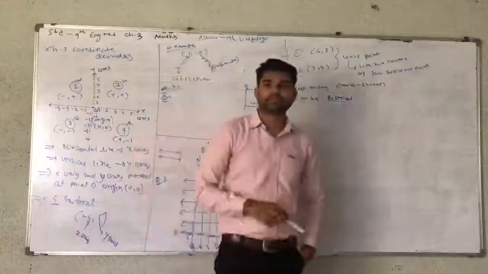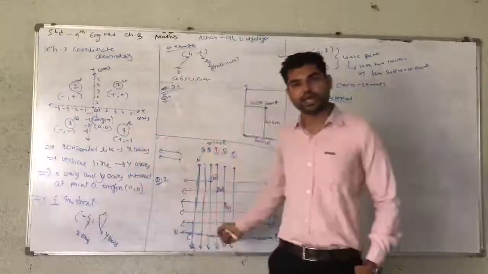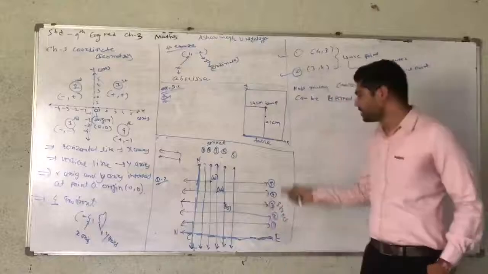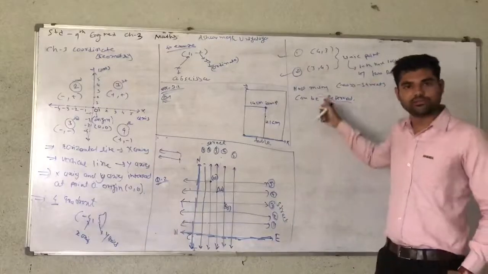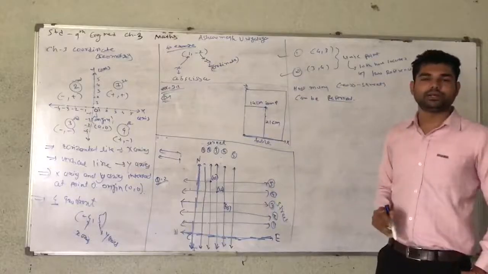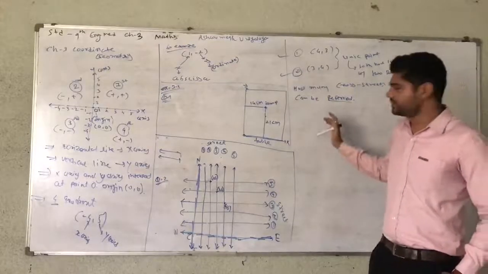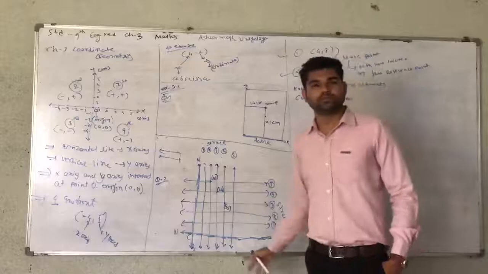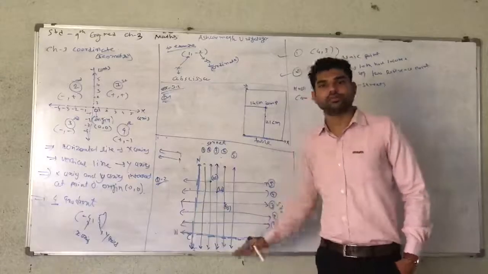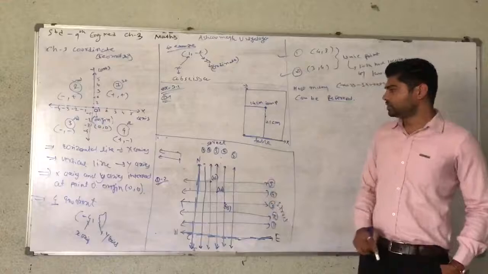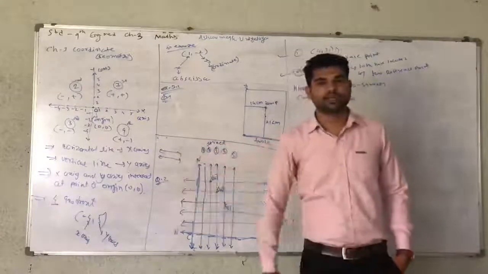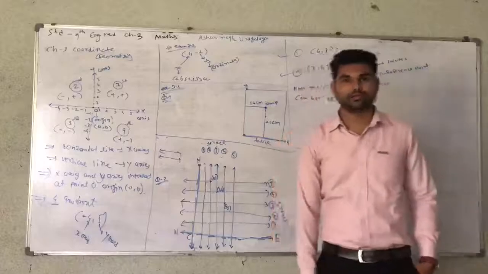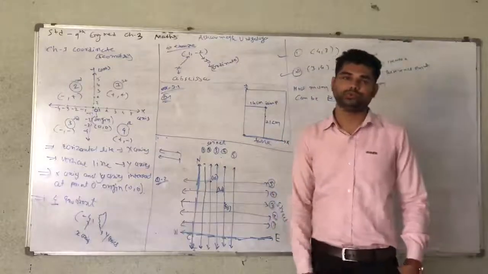Exercise 3.1 is completed. Write the first question in your notebook. After the question, draw the diagram and then write the answer below. So exercise 3.1 is completed. Both questions are completed, so write them in your notebook, draw the diagram and write the answer. This is the introduction part of chapter number 3. In the next lecture we will start exercise 3. Thank you friends.